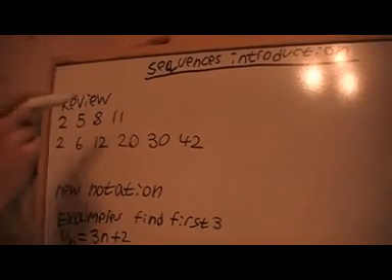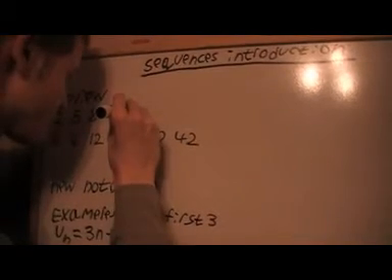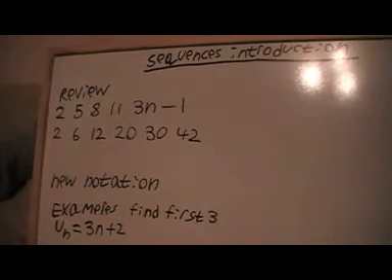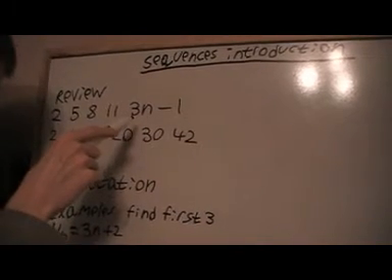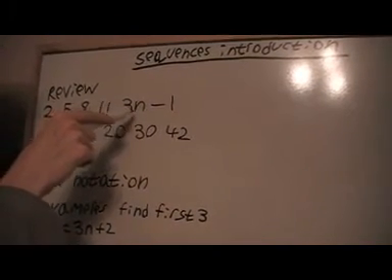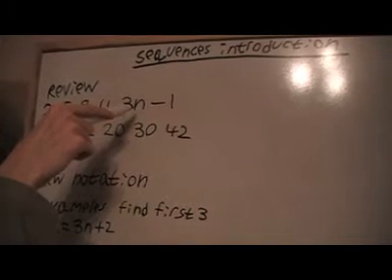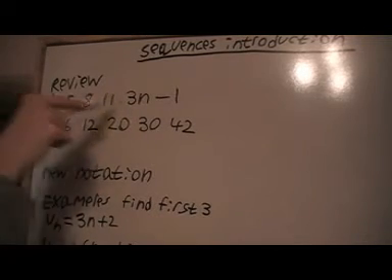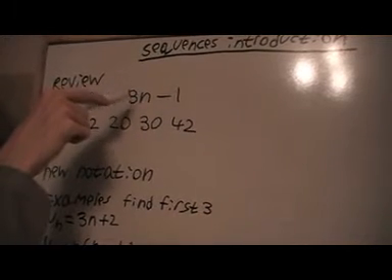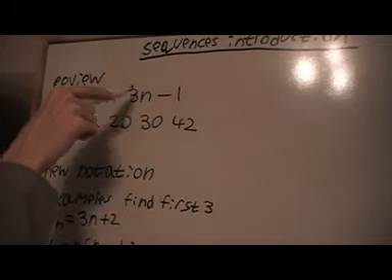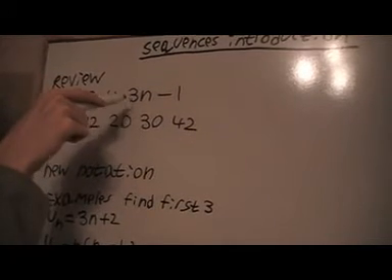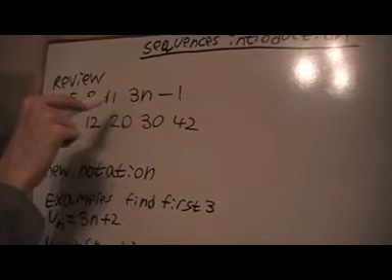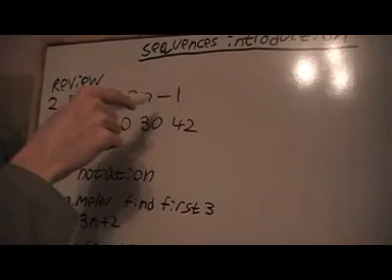The nth term would be 3n minus 1, because n's the term, and that's the 3 times table. You say 3 times 1, then 3 times 2, then 3 times 3. But you can see each of these is 1 below the 3 times table, so you have to subtract 1 from that.